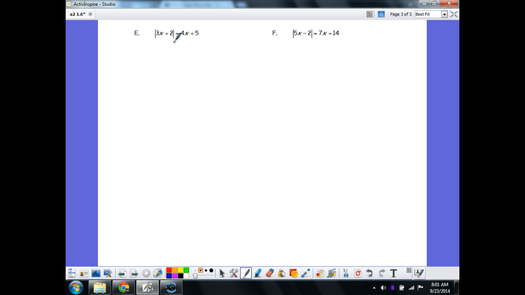So then, the tricky part of this is that we also have a variable on the other side instead of just the number.